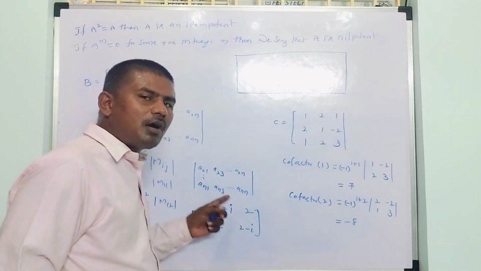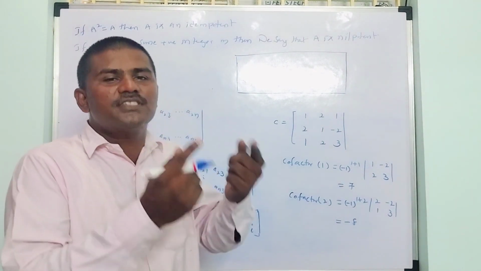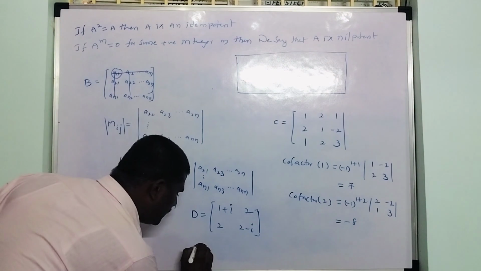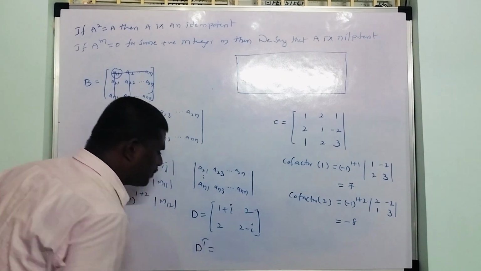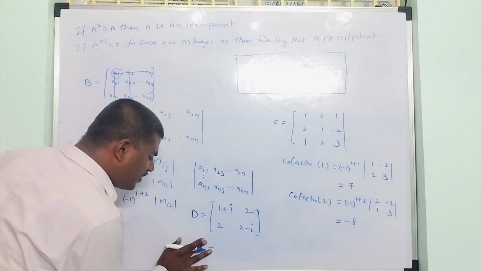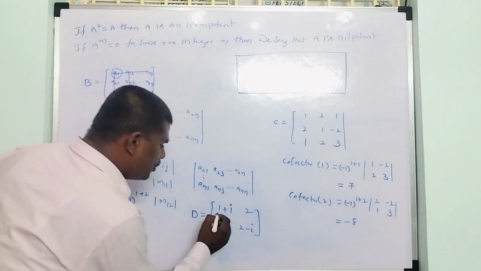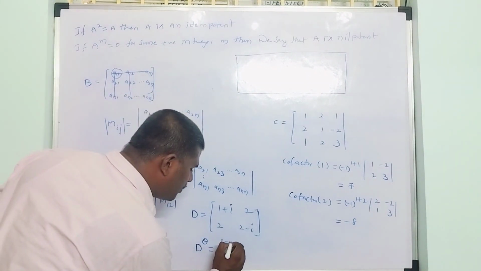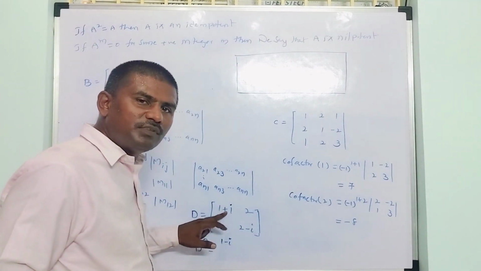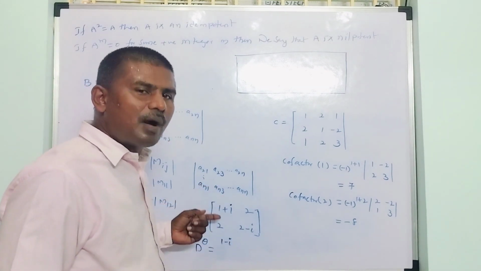So the complex conjugate of this matrix can be considered, and if you transpose it, you get the conjugate transpose, which is denoted D power theta. So 1 plus i is replaced with 1 minus i. The complex conjugate of 1 plus i is 1 minus i. Simply replace plus with minus and minus with plus, then you get the complex conjugate of a complex number.